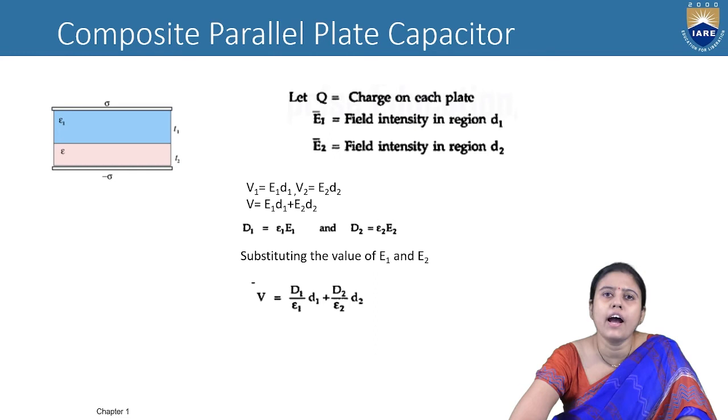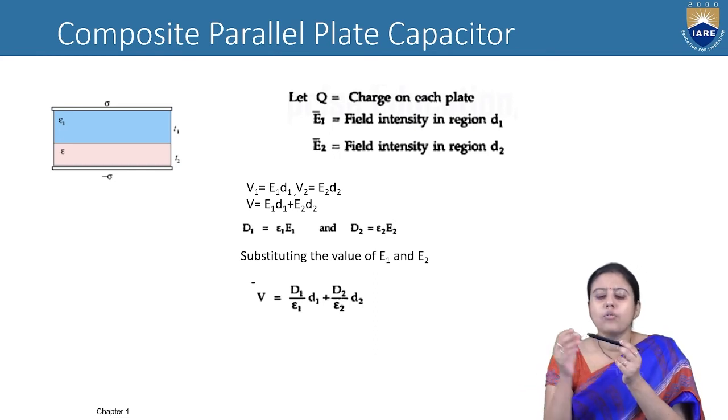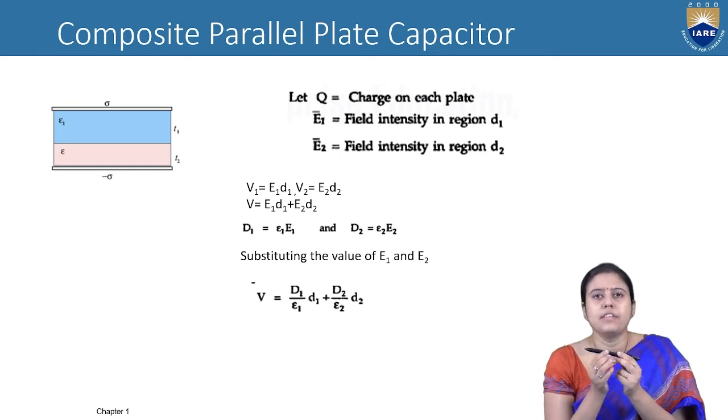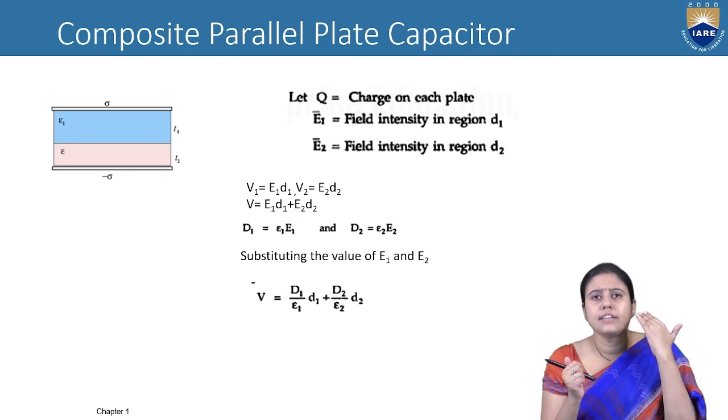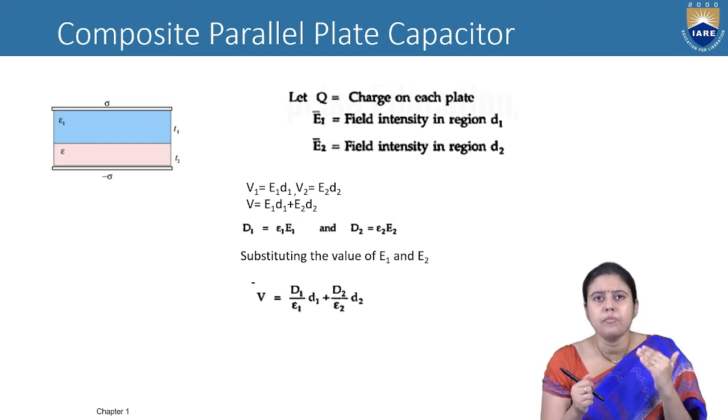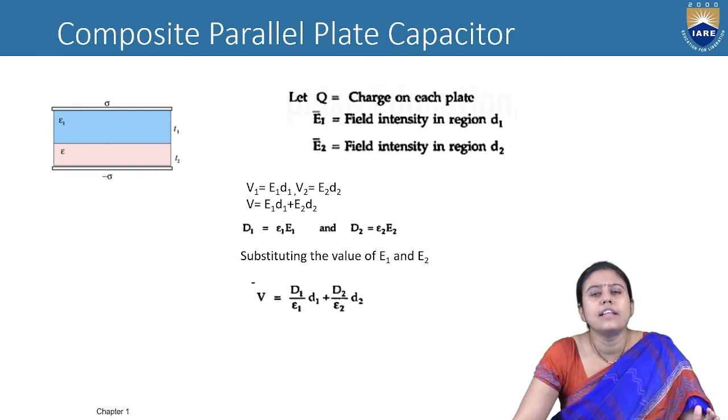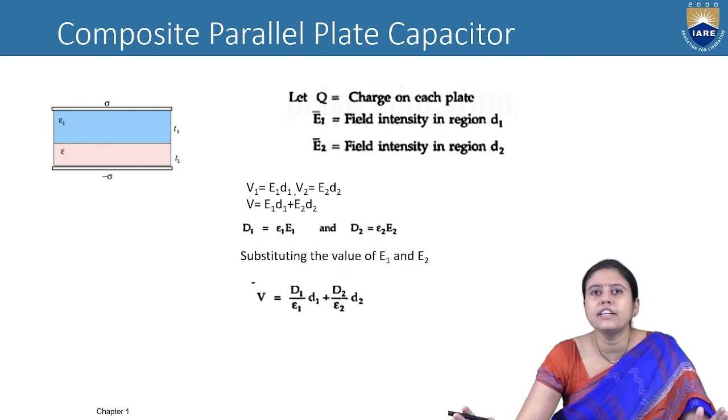In an underground cable, the outer surface is made of PVC, polyvinyl chloride. Inside, between the conductor and the PVC material, there are different types of insulators, meaning layers of different types of dielectric medium, like impregnated paper, cotton, and lead oxide.